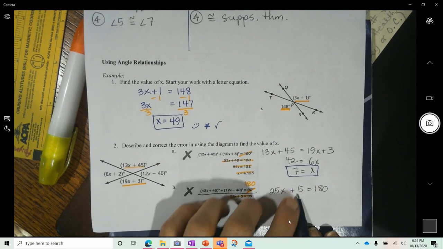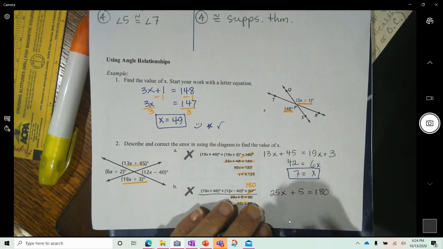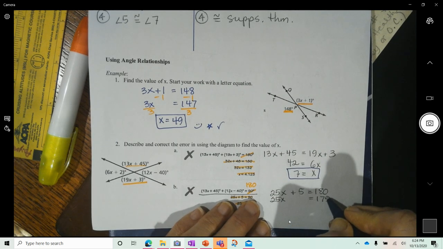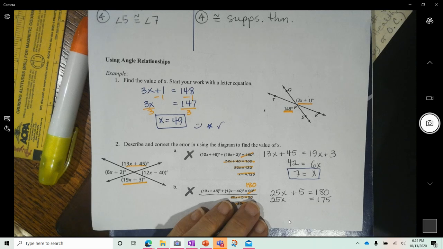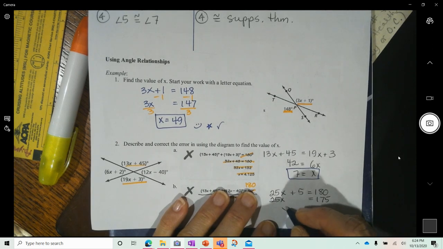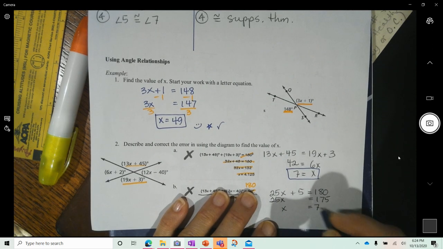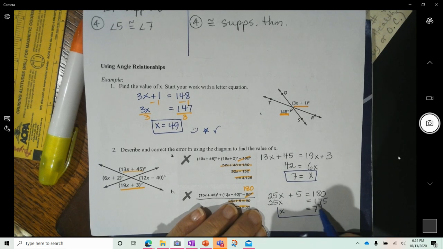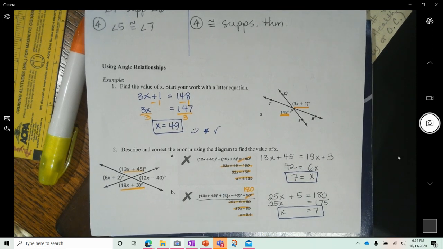So if I subtract 5 from both sides to make that go away, I've got 25x equals 85. Now if I undo the multiplication by 25 by dividing, then I get x equals 7. And I'm done. Of course, I could plug it in and make myself a happy star there.